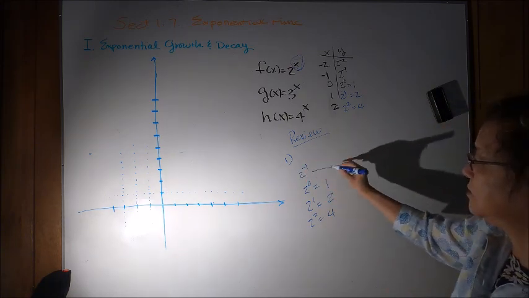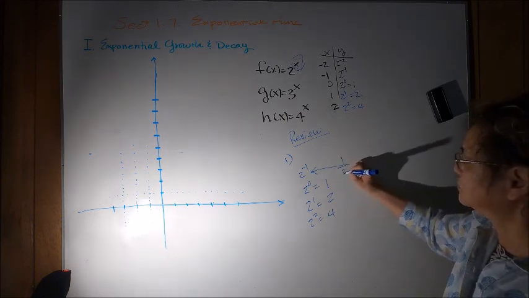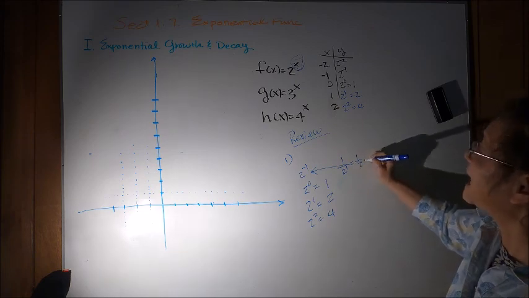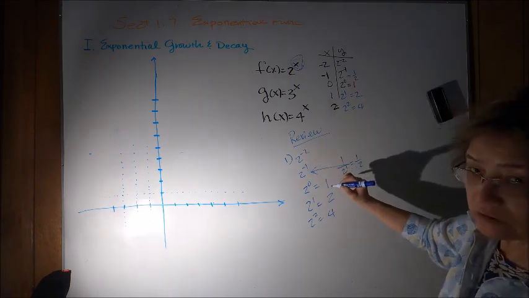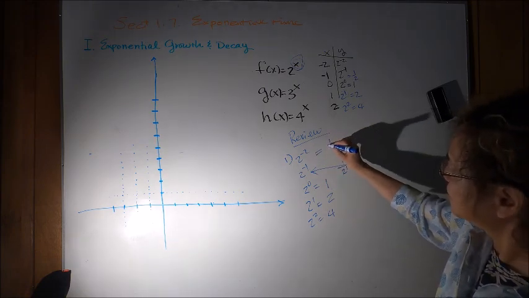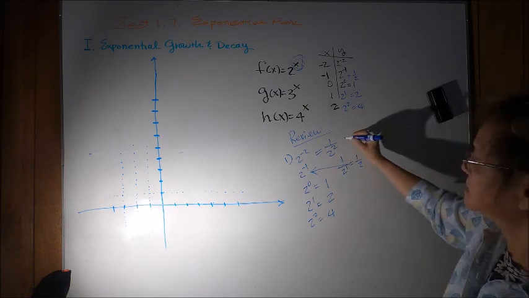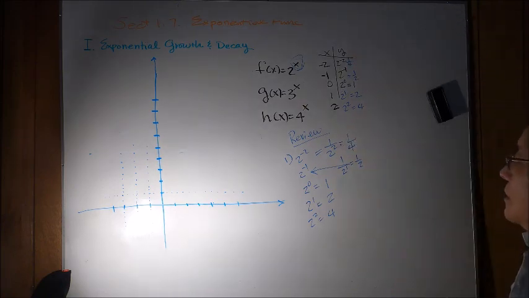We say -1 doesn't mean negative 1. It means reciprocal. 1 over 2 to the 1 power, so it's 1/2, right? So 2 to the -2 power means 1 over 2 squared, the reciprocal. So it's 1/4. So we learned those early on.